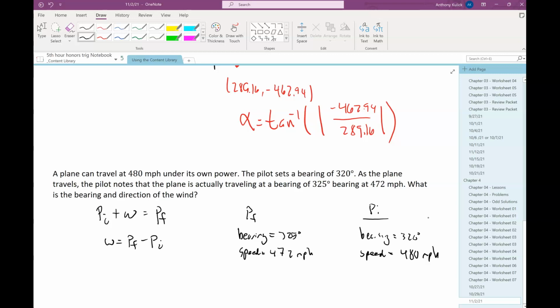From here, it's really the same, except you have to do that subtracting of the components instead of adding. Otherwise, everything else goes exactly the same. Is that okay with you guys? Okay.